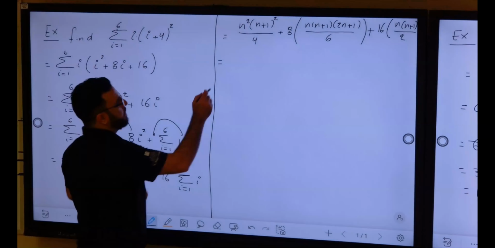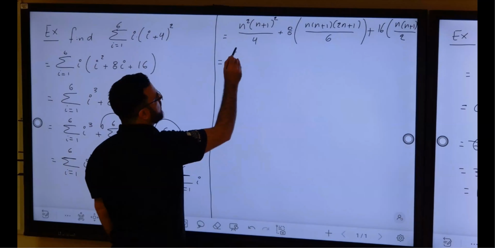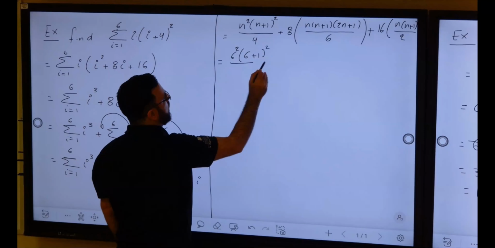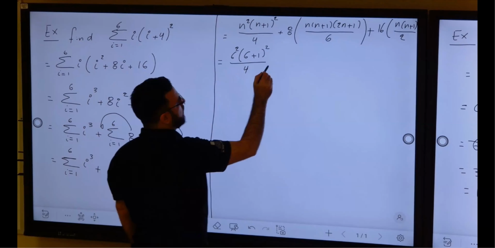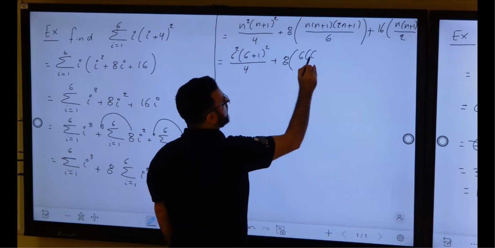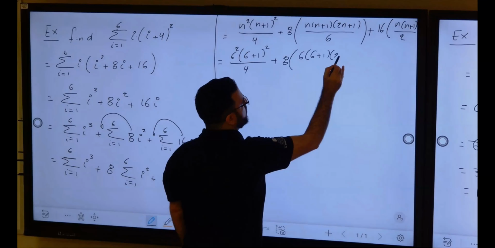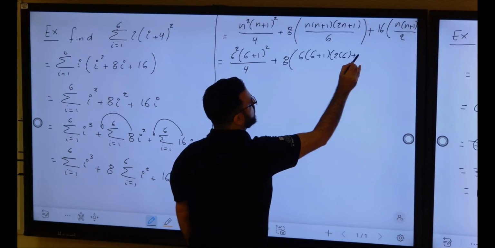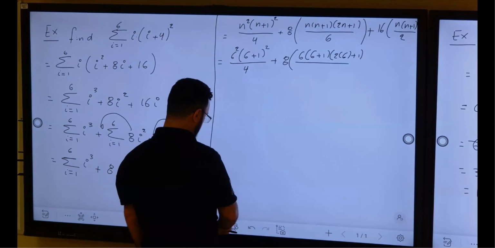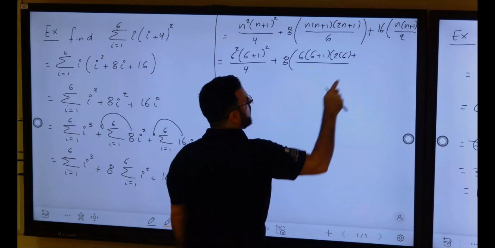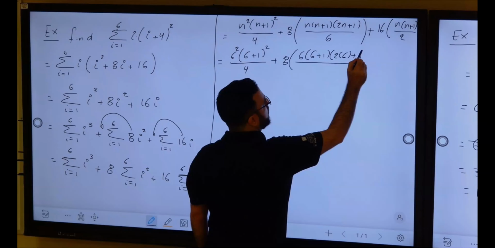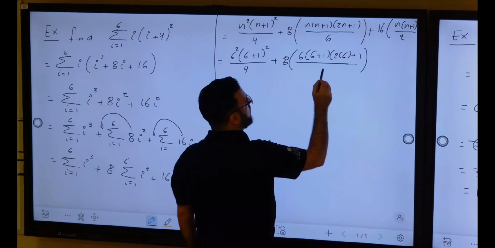So this one is going to be what? 6 squared, and here is (6 plus 1) squared, divided by 4, plus 8 times 6 times (6 plus 1) times (2 times 6 plus 1), divided by 6.